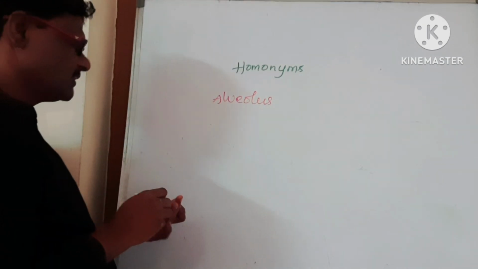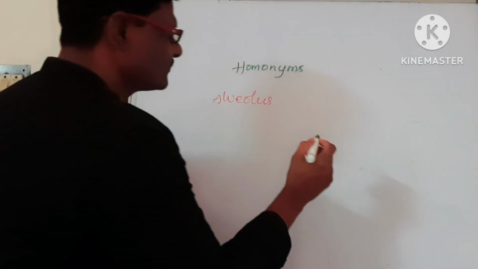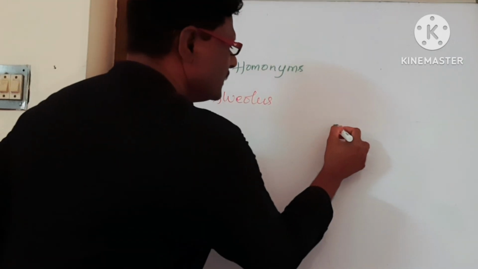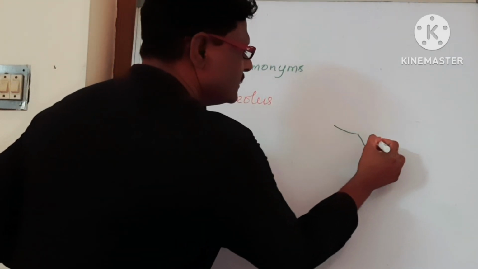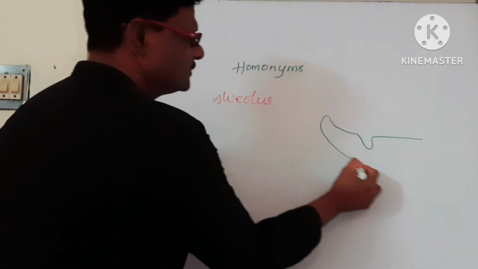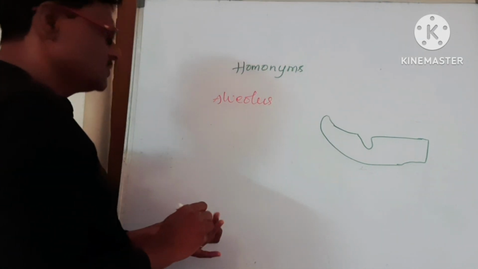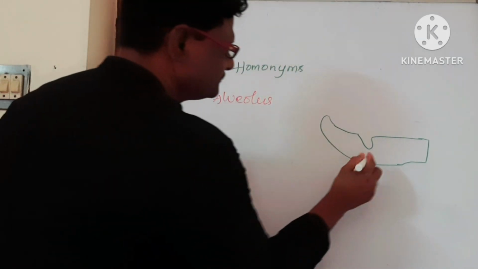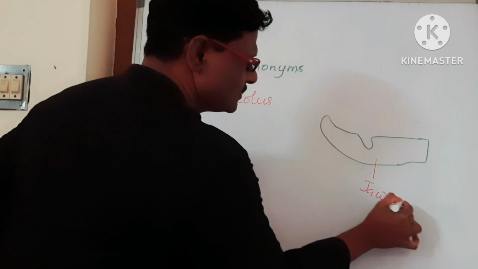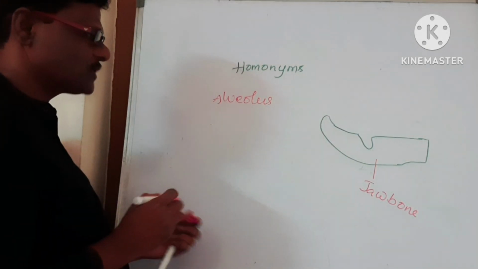Already I have mentioned the word alveolus. The same word is also present in the jawbone. See, this is the jawbone. It is an opening, a socket of the jawbone.